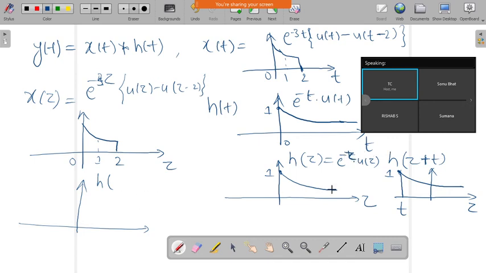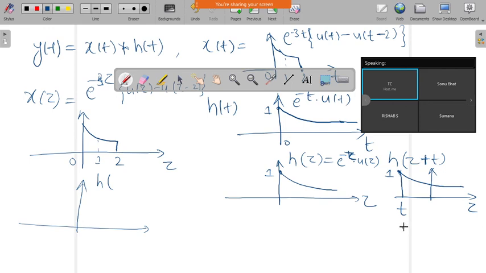So we can write h of tau plus t is equal to e power minus of tau plus t. Or after the shift we can write the expression, that is also possible.